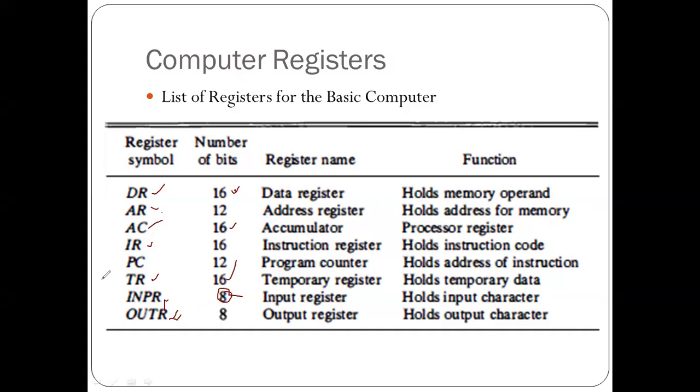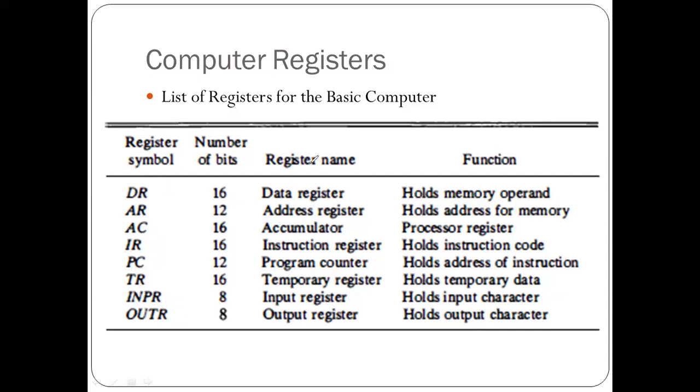The number of registers is 4 plus 4, 8 registers, out of which the temporary register is used by your execution unit internally, and the program counter PC will be incremented every time based on one instruction fetched.